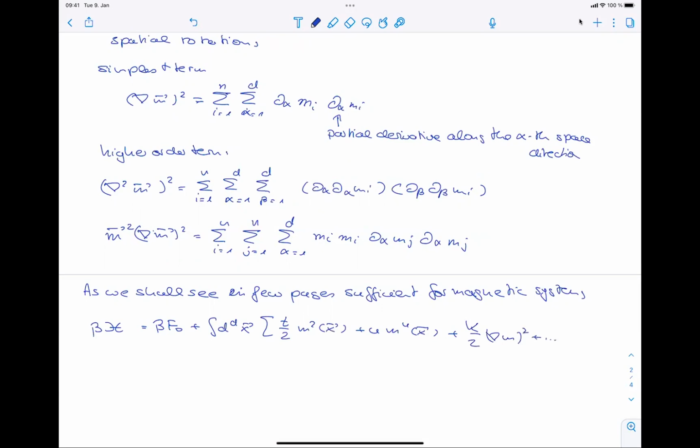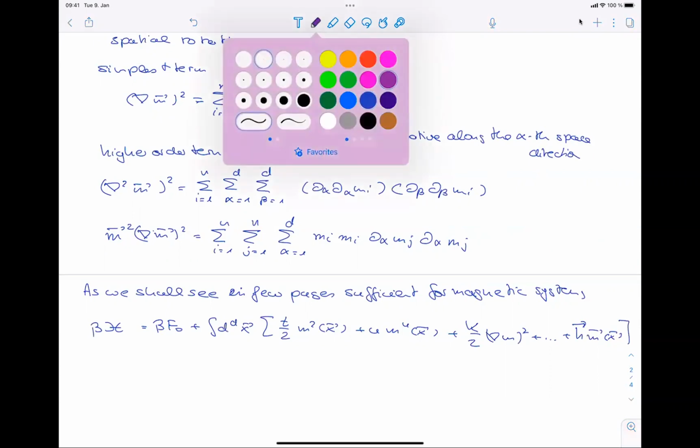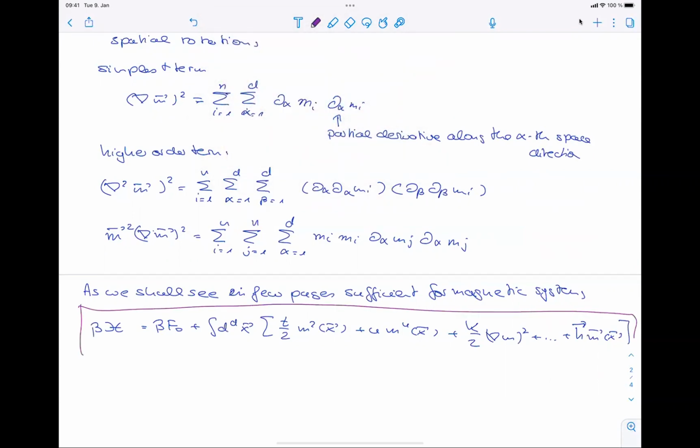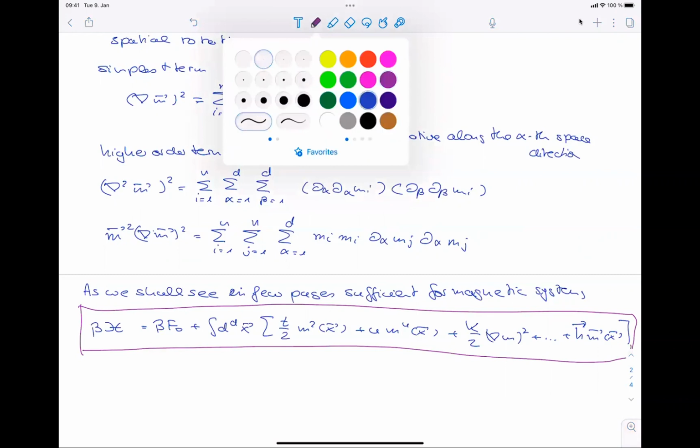In principle, there could be higher components here, and then the applied magnetic field. So this is basically considering only the lowest order components.